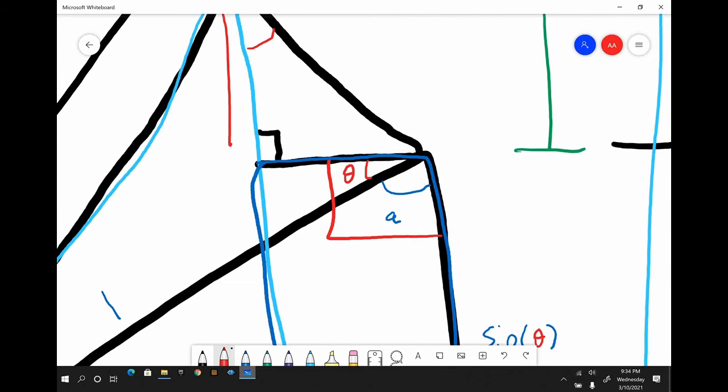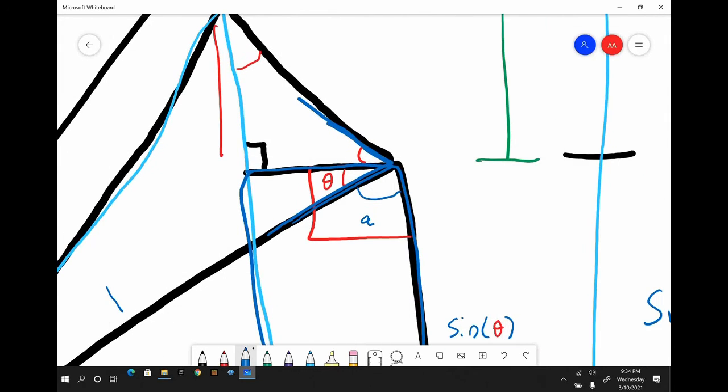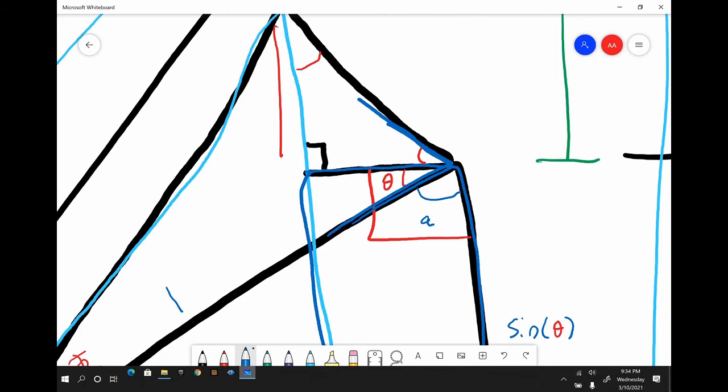We can also solve for this angle right here because this is creating a right angle from the triangle with angle phi, which means that this angle will be 90 degrees minus theta.